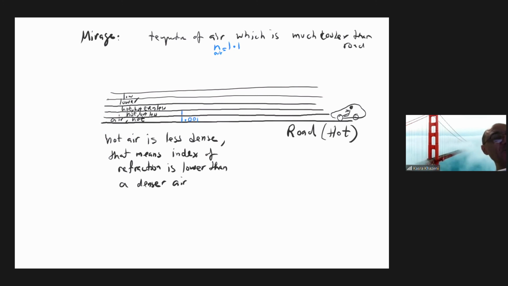And then it becomes 1.005 or 1.01 and 1.02 and so on. So you can see it eventually gets to this value as you go up. All right, so the index is lower towards the hot road, and then it becomes higher and higher as you go up, because the air gets colder and colder and hence denser and denser.